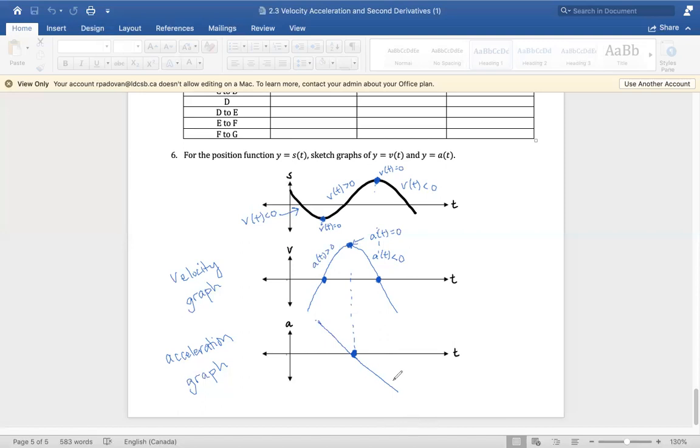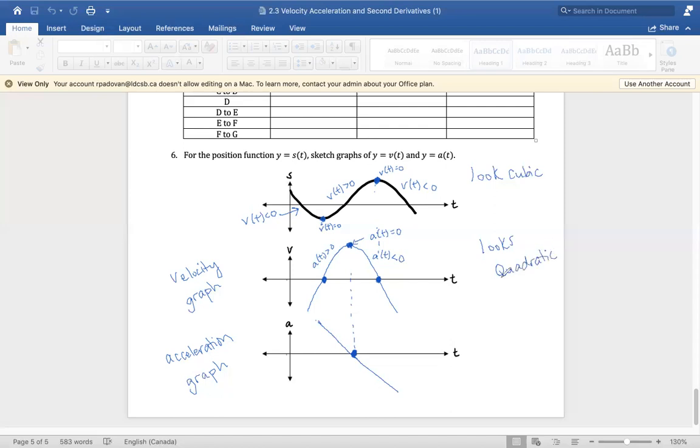And another way to look at it, if we're looking at derivatives, is that this original function here looks cubic from grade 11, right? So taking the first derivative of that, this looks quadratic from grade 10.